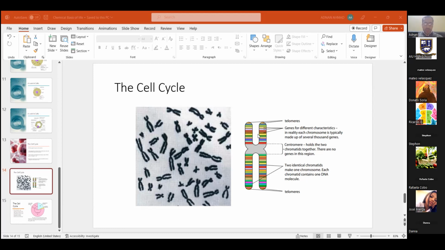So this is a structure of a chromosome that contains the DNA molecule. Again, this picture is I think a bit higher than your level, but let me try to explain it.